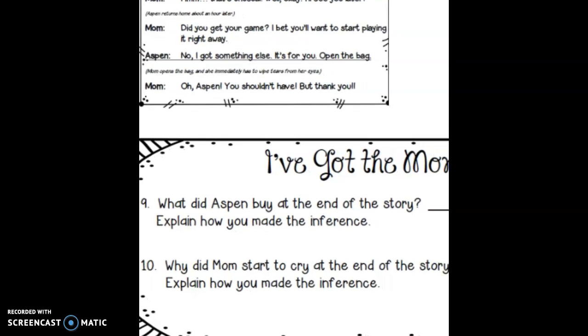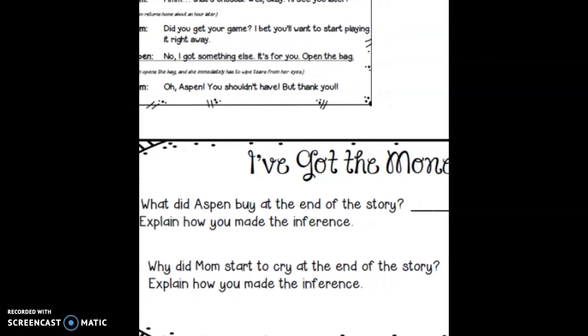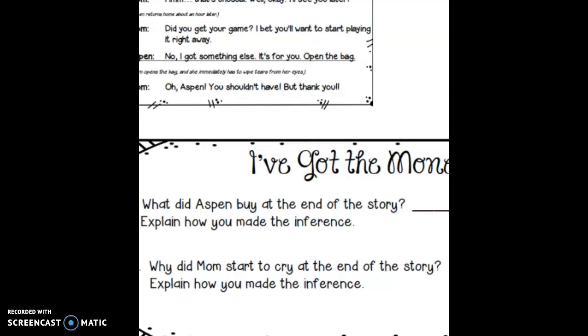You're going to make an inference about what Aspen bought at the end of the story, and then explain in complete sentences your thought process. Then you're going to make an inference as to why Mom started to cry, and then explain again your thought process. You are going to be doing this inside of a text box.